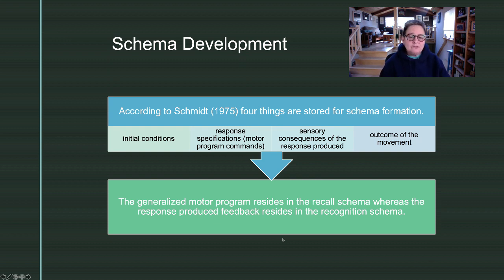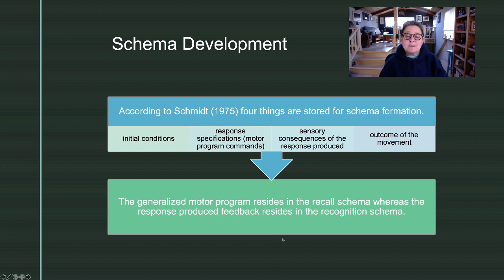So, according to Schmidt, 4 things are stored with regard to the schema. The first is referred to as the initial conditions. We studied the initial conditions in dynamic systems, understanding that that changes the nature of how the parameters will be attached to the movement.